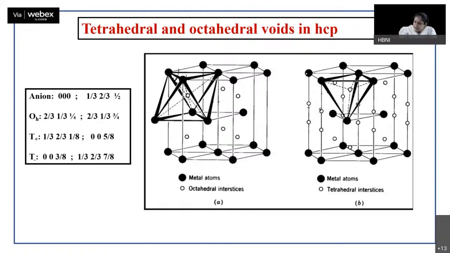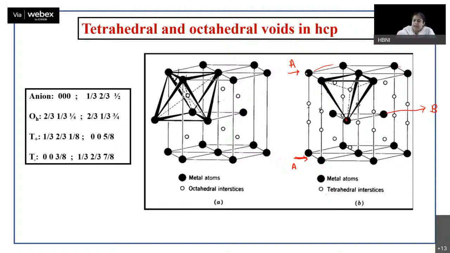Imagine this is your first hexagonal close packed layer A. This is your third hexagonal close packed layer, again A. And this is B. Okay. Now, when I divided that bigger hexagonal cell into smaller unit cells, we know that there is one more lattice point at 1/3, 2/3, half.